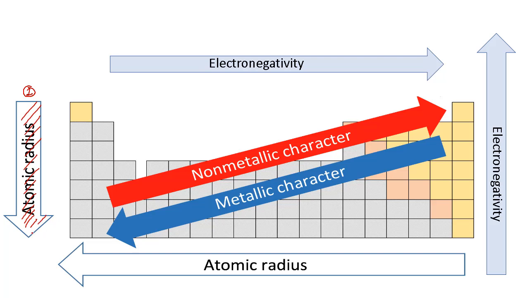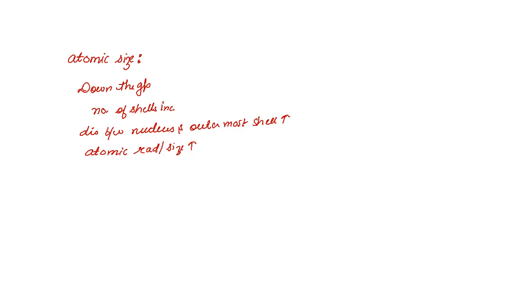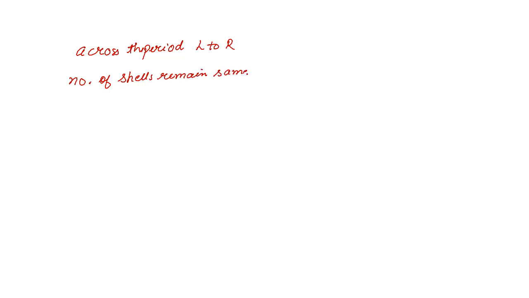Okay, we have done one more thing, that if I go across the period here, so we generally go from left to right, right? So when we go across the period from left to right, we will say that the number of shells remain the same.